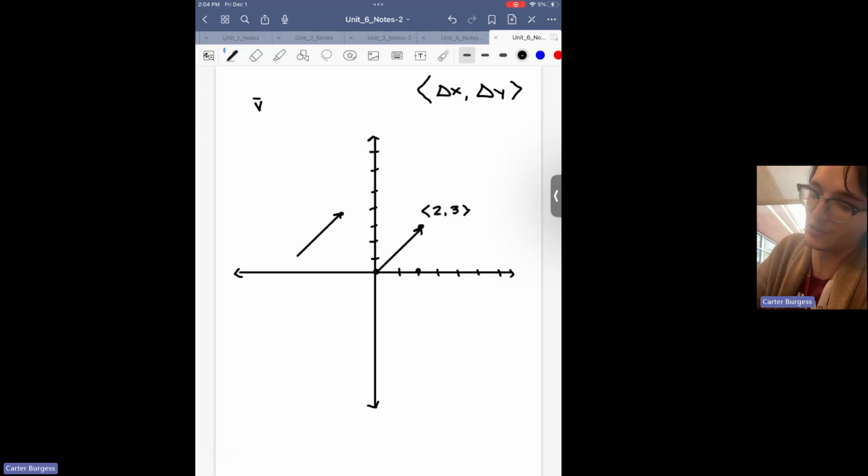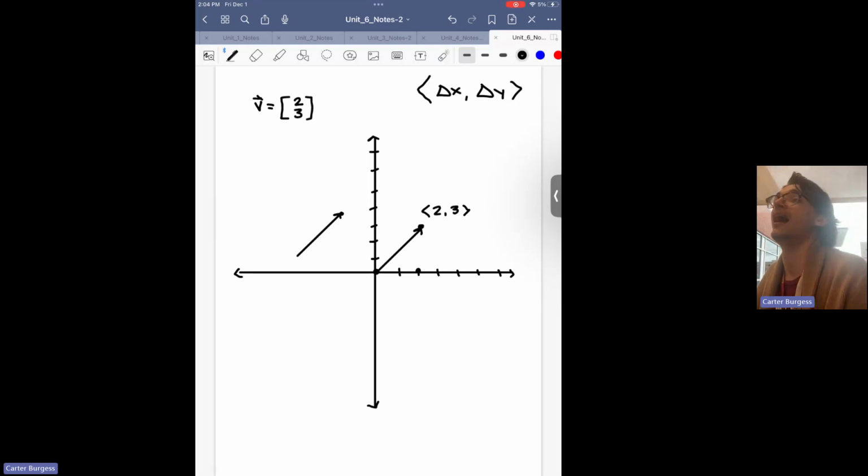A way that I could represent this 2, 3 would be to say that this is 2, 3, like this. It looks an awful lot like what? Okay, it kind of looks like a fraction. There's another mathematical thing that kind of uses these brackets that has the numbers on top of other numbers.